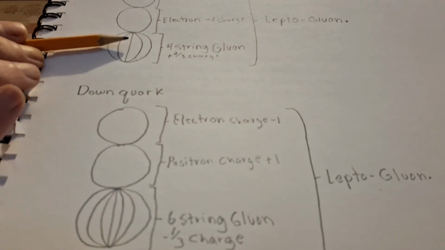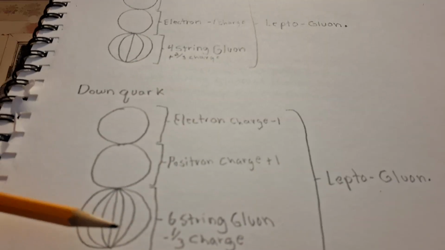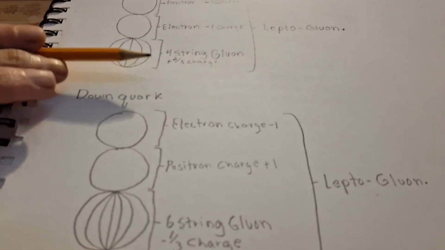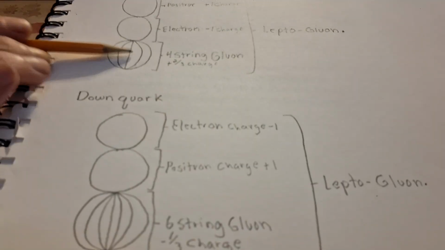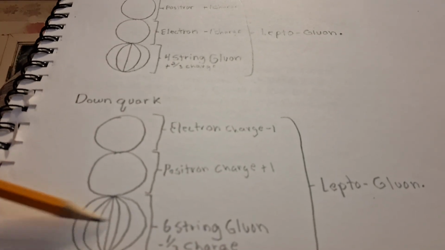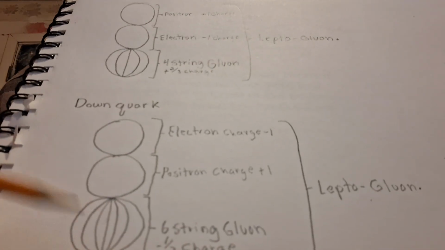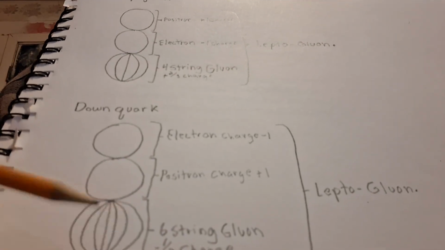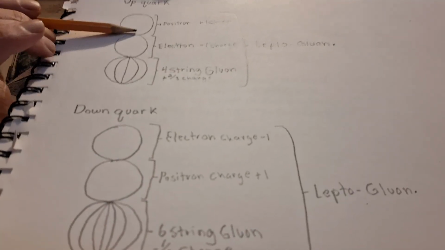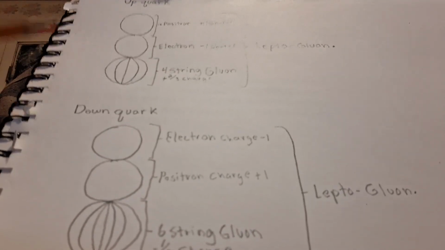the down quark has 6 strings in its gluon, and the up quark has only 4, because 2 of the gluon string energies during beta decay became these 2 particles, this one and this one.